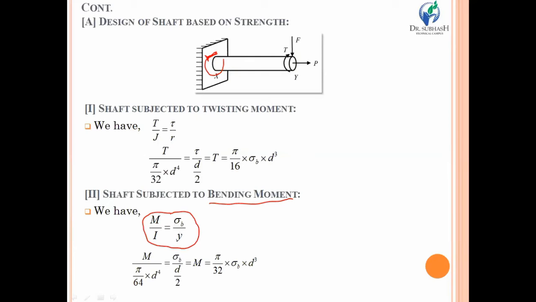So by putting all the relevant values in this equation and solving it, at the end you will have the bending moment M is equal to pi by 32 sigma b into d cube. So this is the relation for design of shaft based on strength, particularly focusing on bending moment.